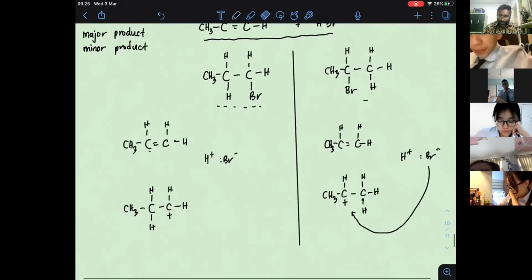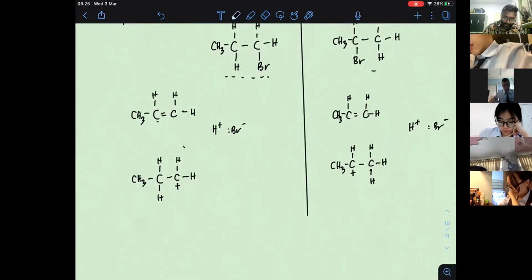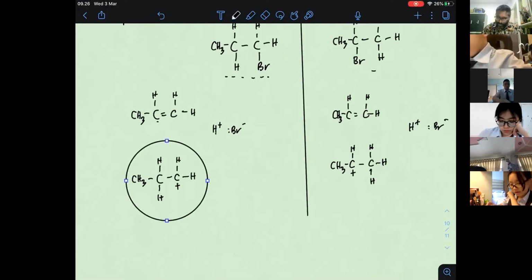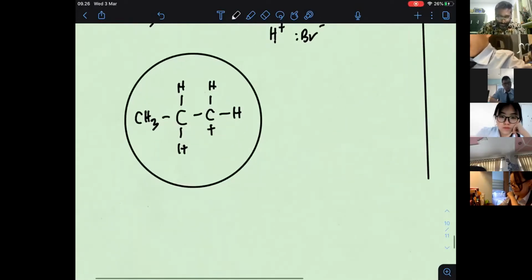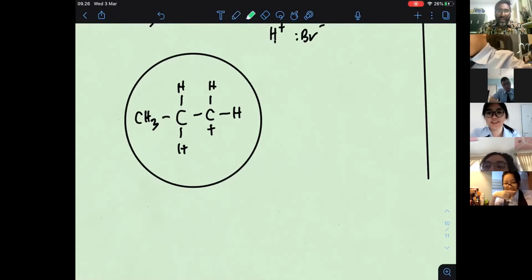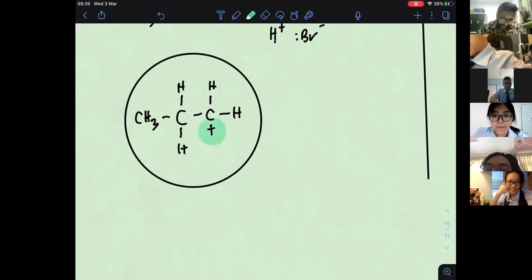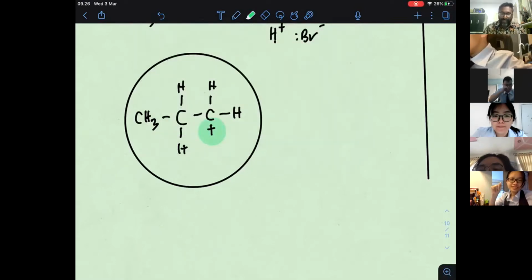Now I want to ask you, we have learned about carbocation. What kind of carbocation are these? This one, Ashley, primary, secondary, or tertiary? Primary. This is the plus. If you look at the carbon attached to the plus, it is attached to how many R groups?